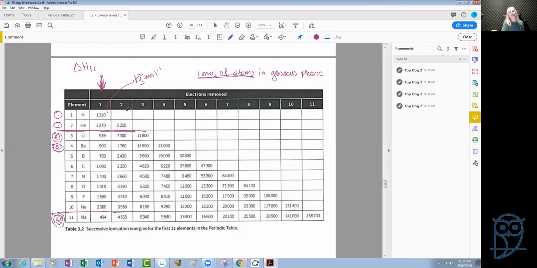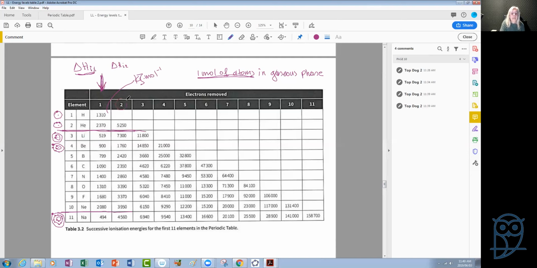Similarly, to remove the second electron from these atoms, we would call it the second ionization energy, with a 2 there, and so on. The hydrogen has only 1 electron, of course, so only the first ionization energy has meaning here. The helium can have 2 ionization energies, the first and the second. And as we go down, we have more and more ionization energies.